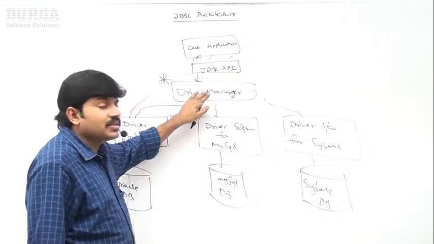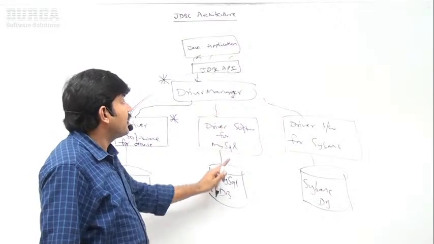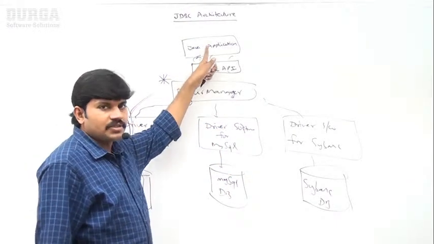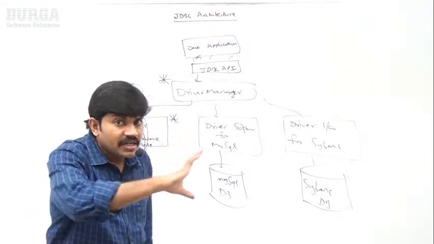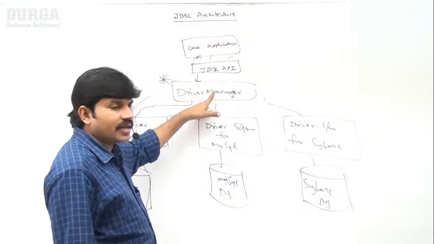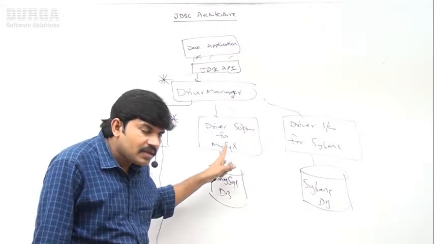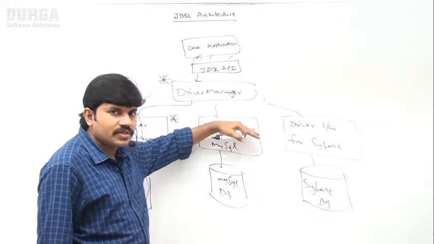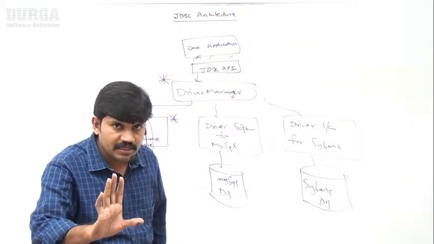Driver manager is responsible to provide a connection to the database with the help of driver software. If a Java application wants to communicate with the database, it never talks directly with the driver software. It will talk with the driver manager. Driver manager communicates with the internal driver, and that driver communicates with the database. With the help of driver software, driver manager can communicate with the database. Is it clear for all of you?